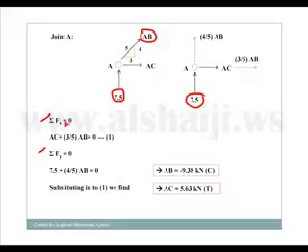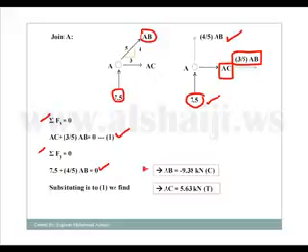Let's do the sigma Fx. We have AC plus 3/5 AB equals 0. So that's my first equation. The second equation is 7.5 plus 4/5 AB equals 0.